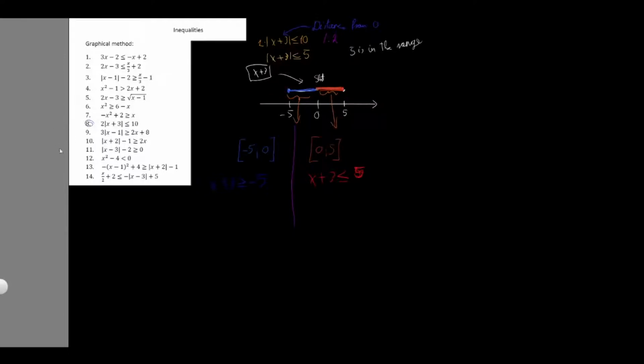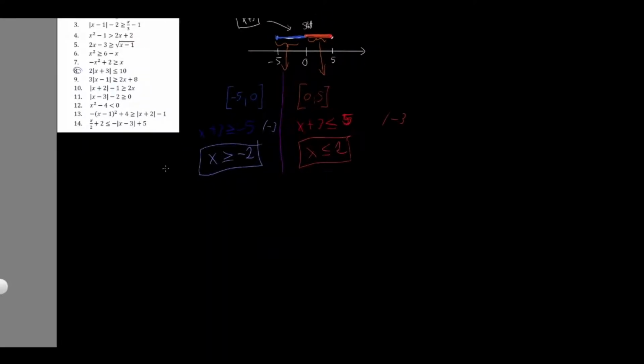So let's solve these inequalities, and we subtract 3. So we are left with x is greater than or equal to negative 2. And on the other side, we again subtract 3, so x is less than or equal to 2.